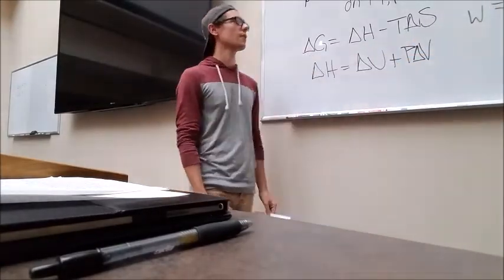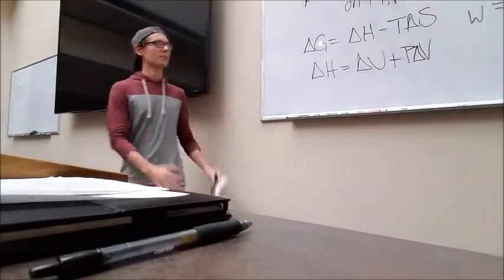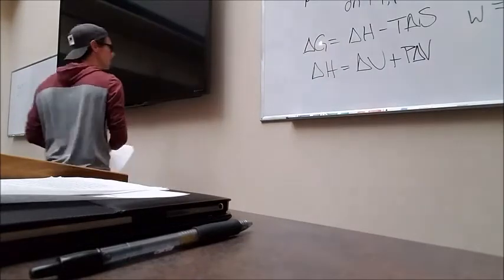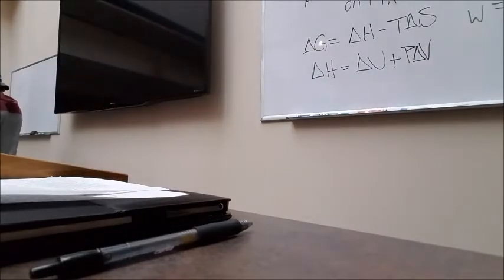Okay, so now we're going to funnel all of this back up to our delta G equation. And what does that come out to simplified? Delta G equals mu delta N. Right.